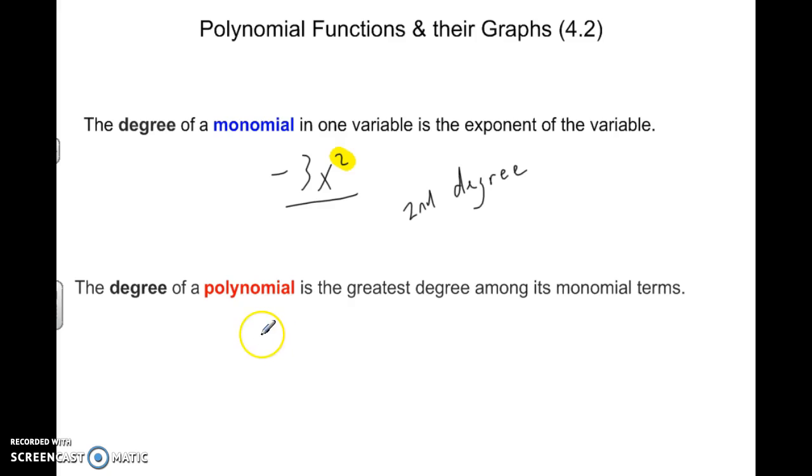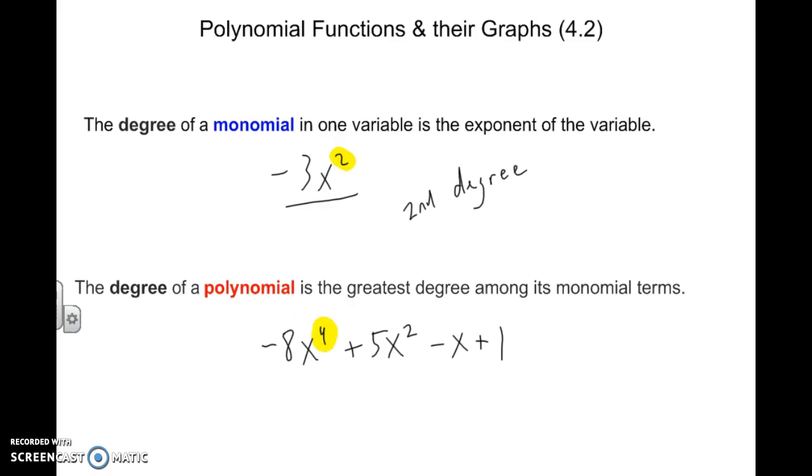If you have a polynomial like negative 8x to the fourth, plus 5x squared, minus x plus 1, that's a polynomial, it has 4 terms in this case. And this would be a fourth power polynomial.